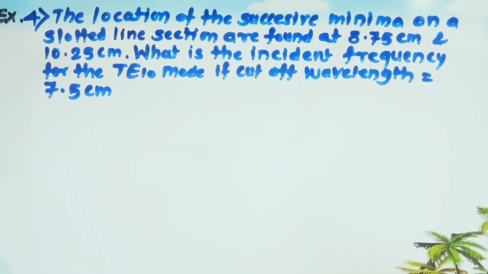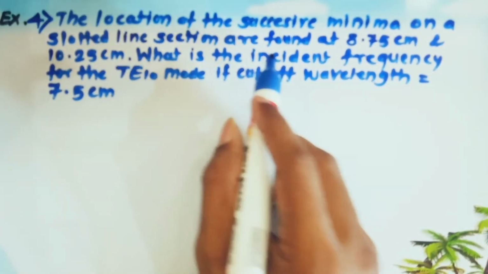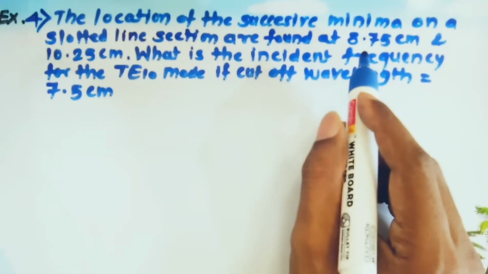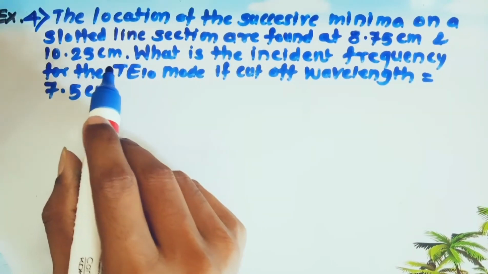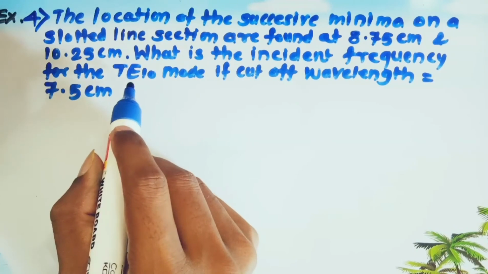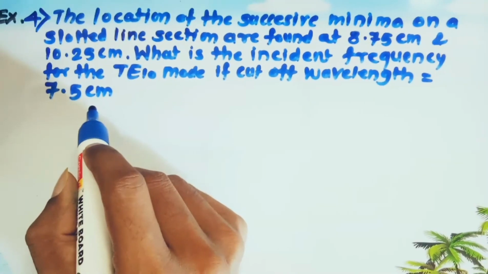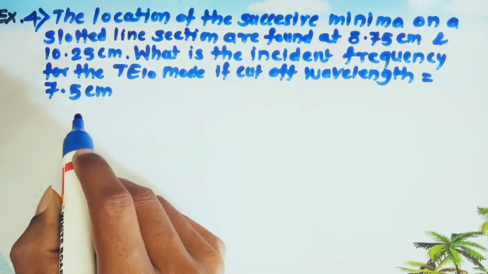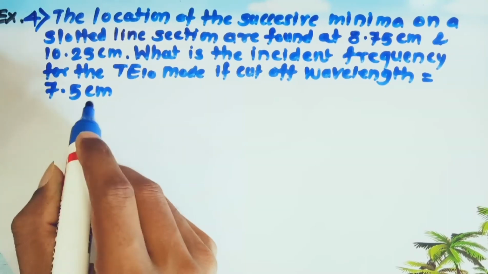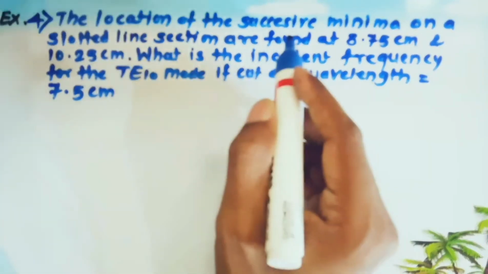Now let's see the next numerical. The location of successive minima on slotted line section are found at 8.75 cm and 10.25 cm. What is the incident frequency for TE10 mode if the cutoff wavelength will be equal to 7.5 cm? Okay, so we know that half of the guide wavelength becomes equal to the distance between successive null points.